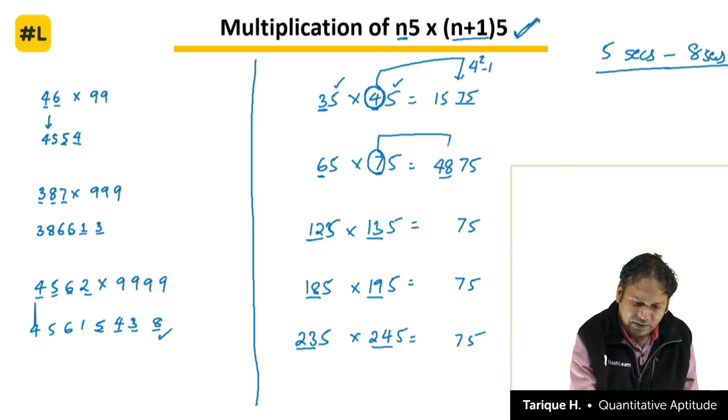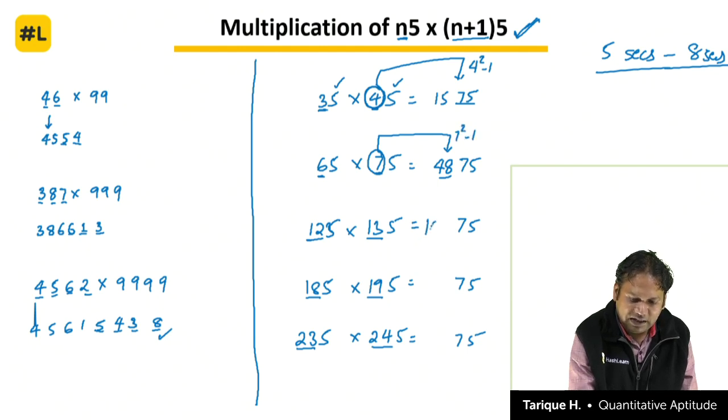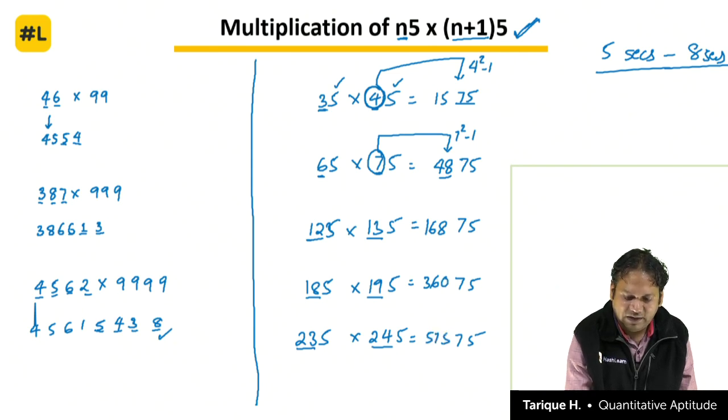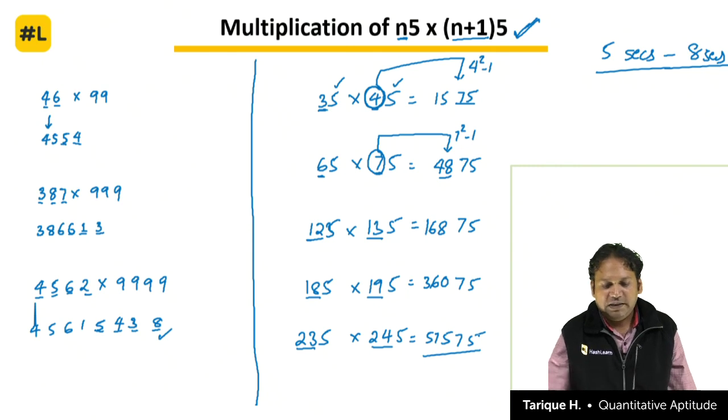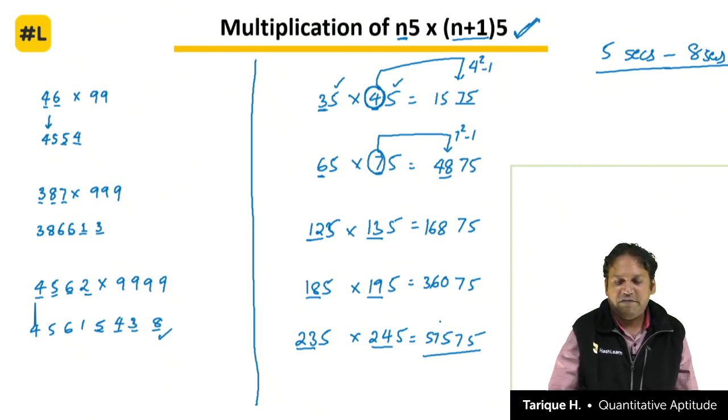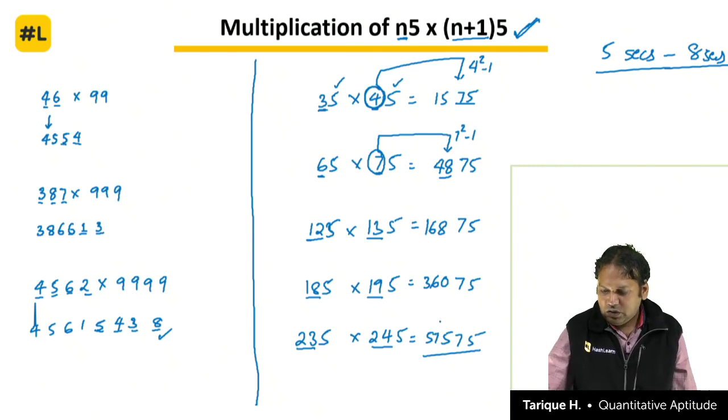So I can write it here. 7 square minus 1. So 13 square minus 1, 19 square minus 1, 24 square is 576 minus 1, 575. 57575. Right?